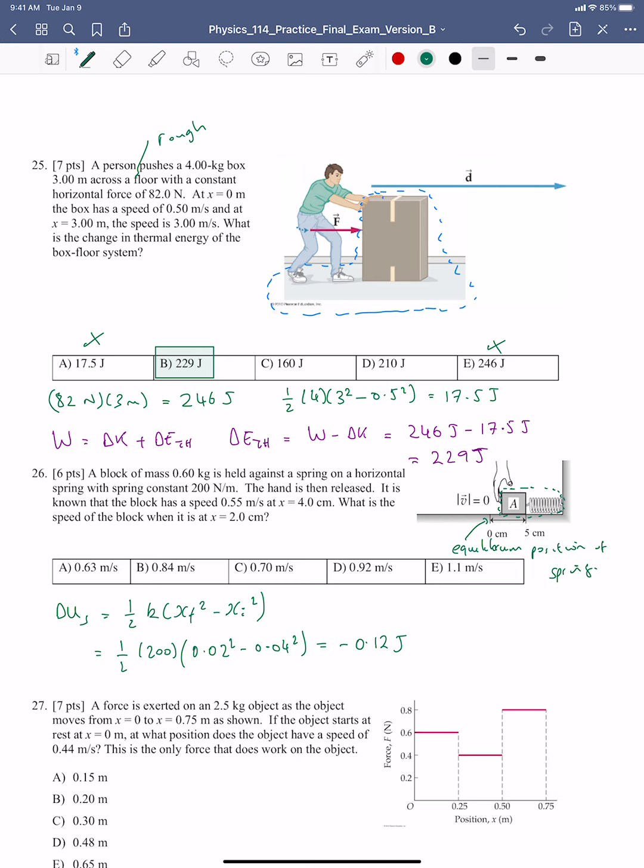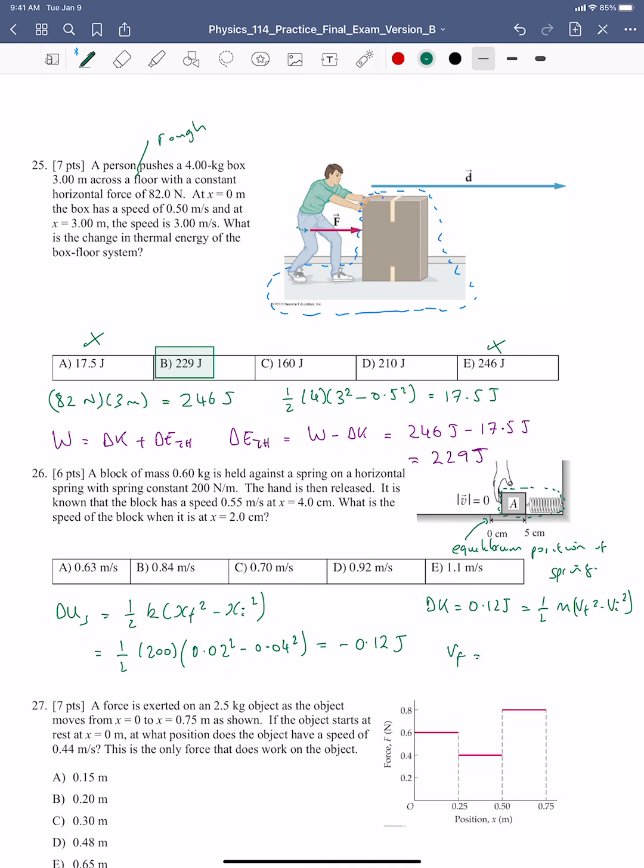So again, once the hand is released, there's no more energy added into or removed from the system of the block and the spring. So if the spring loses 0.12 joules of energy in going from 4 to 2, the block gains 0.12 joules of energy. So the delta K of the block is 0.12 joules, which is 1/2 m times Vf squared minus Vi squared, and it has some Vi. We're trying to solve for the speed of the block at 2 centimeters.